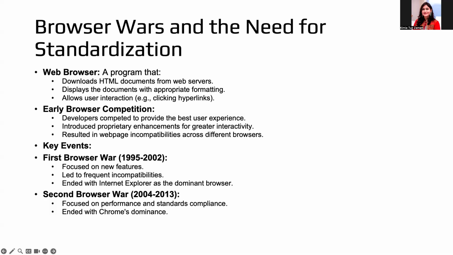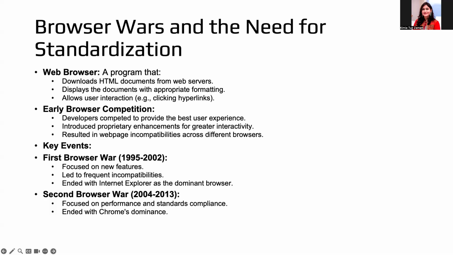The first browser war, from 1995 to 2002, saw Netscape Navigator competing with Internet Explorer. Both focused on adding new features, but the lack of standards caused problems. Internet Explorer eventually won largely because it came bundled with Windows.